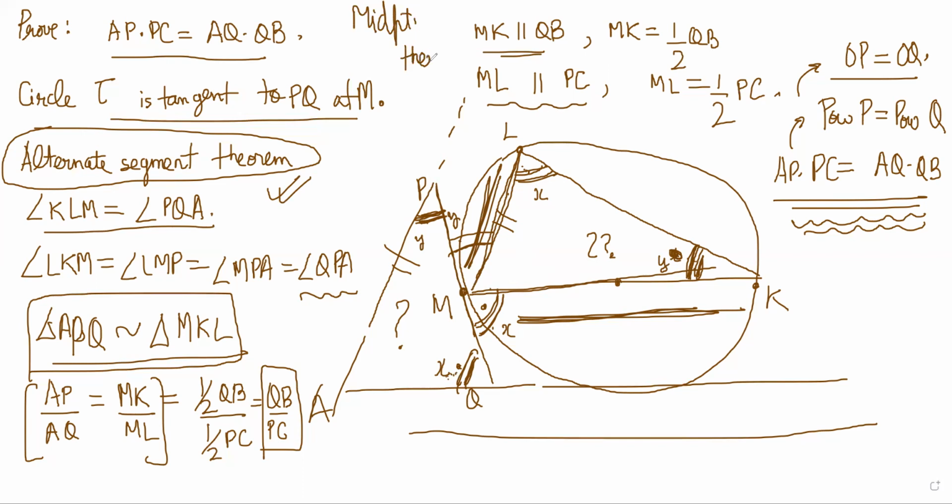So we are using power of a point, midpoint theorem, alternate segment theorem and similarity. The four things: power of a point, alternate segment, midpoint theorem, similarity. And then this is your International Maths Olympiad question.